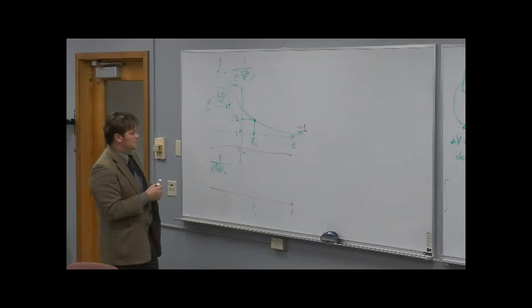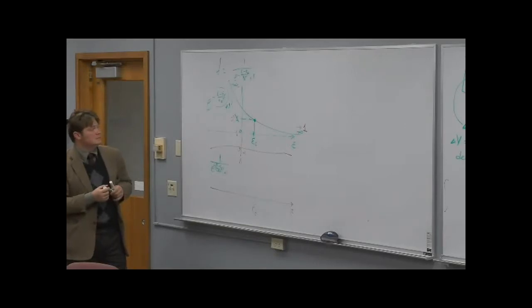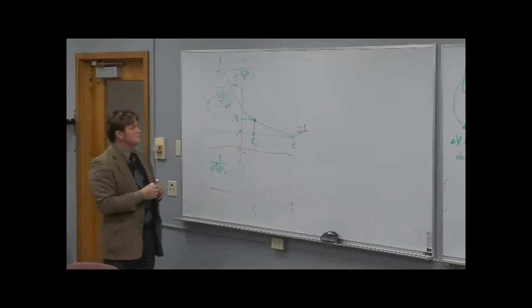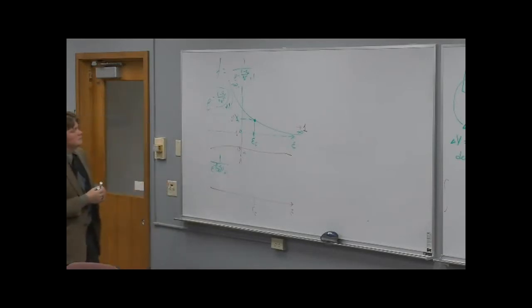The left side will tend to 1, and the right side will go to 0. Sorry. Yes, the left side should go to 1, and on the right side it will go to 0, and at E_F it will be 1/2.